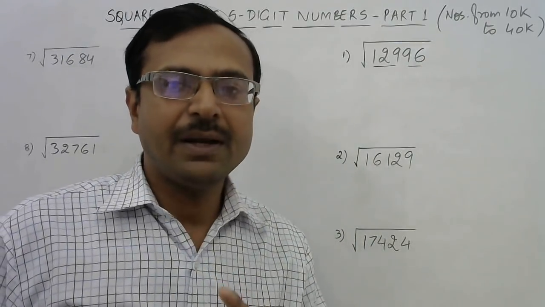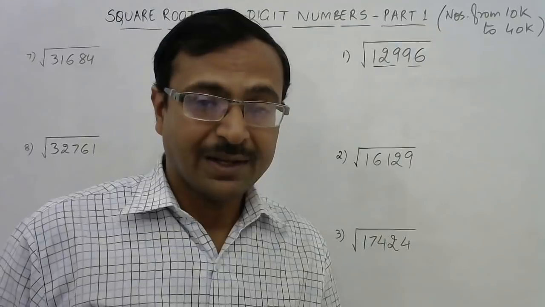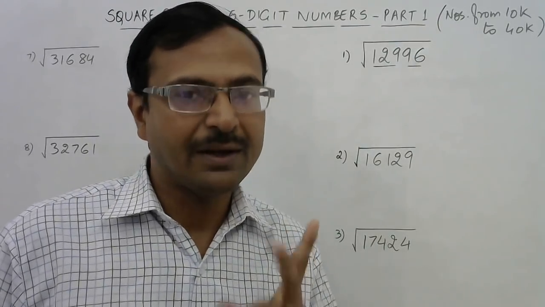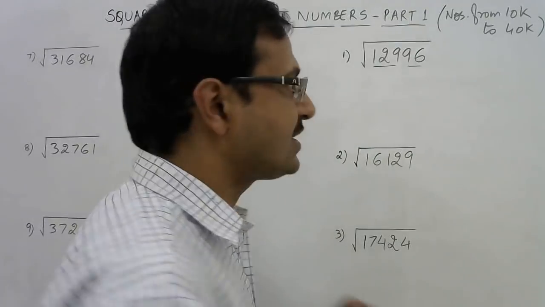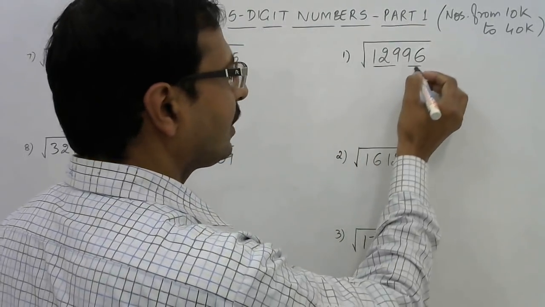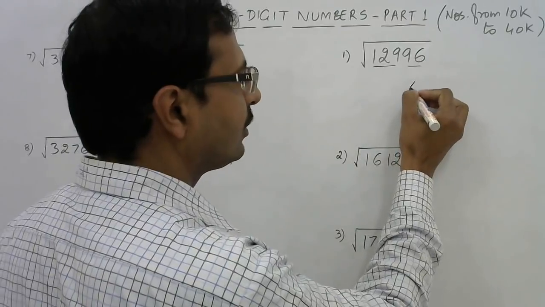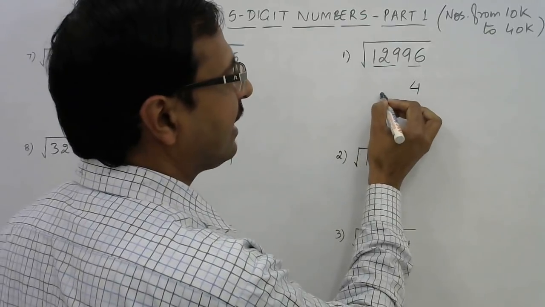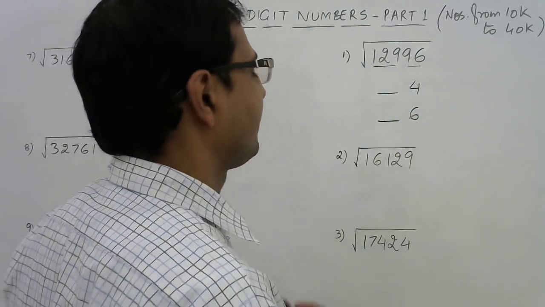Whenever a number ends with 6, the square root of that number ends with 2 possible digits. Either it is a 4 or it is a 6, and we will have some number in front of this.